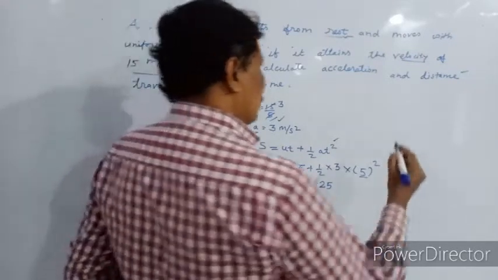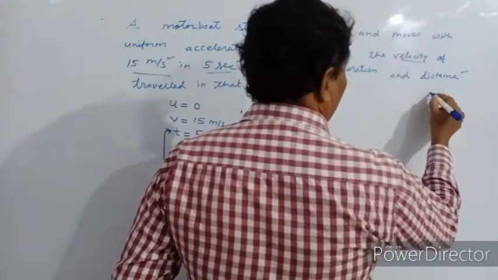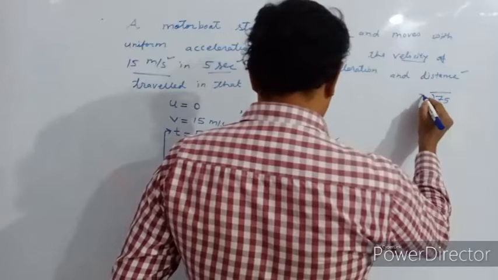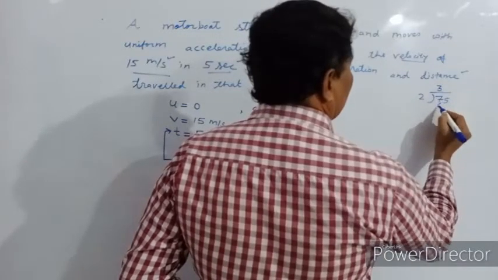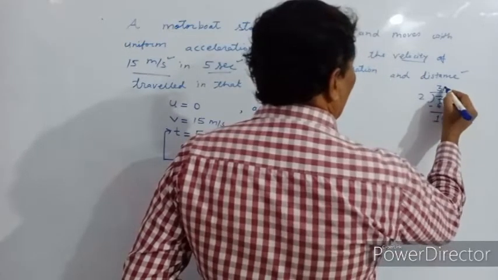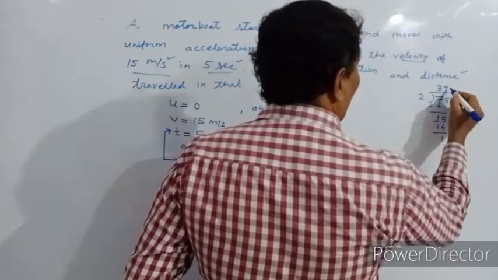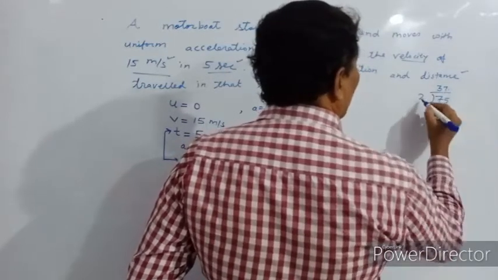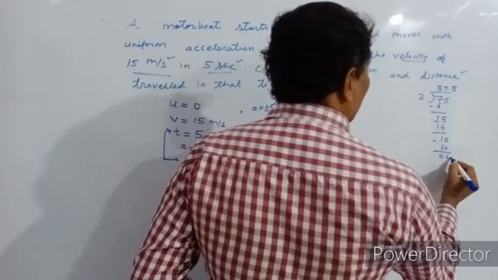We have to divide 75 by 2. 2 threes are 6, 1 remains, 2 sevens are 14, 1 remains, 2 fives are 10.